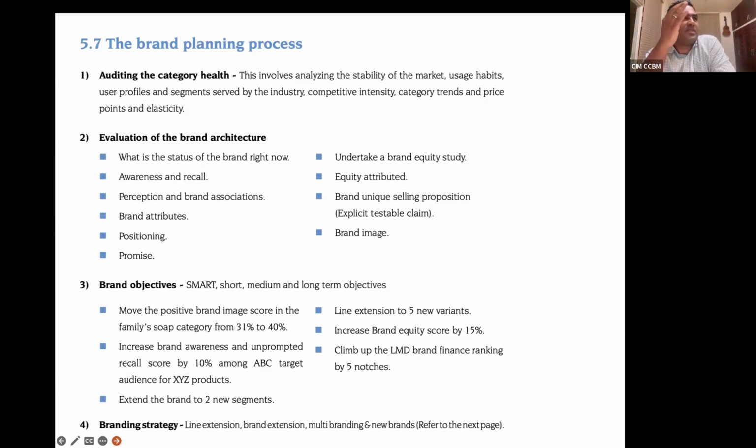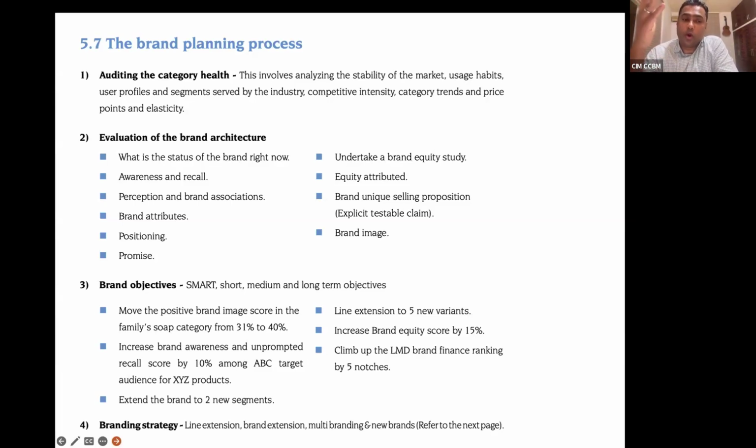So every plan must have where are we now. Points number 1 and 2 are the audit, which means where are we now? Where are we as we speak? You need to audit the current situation. Then you can set objectives. Where do we want to be?